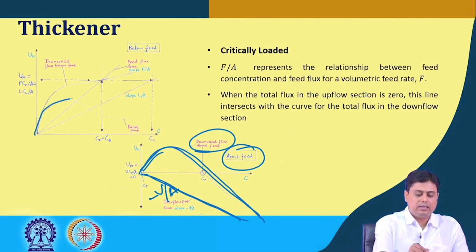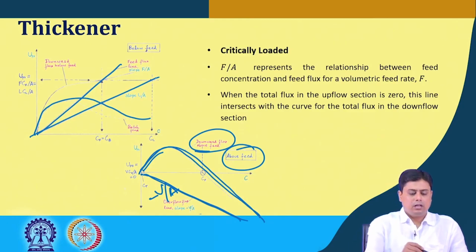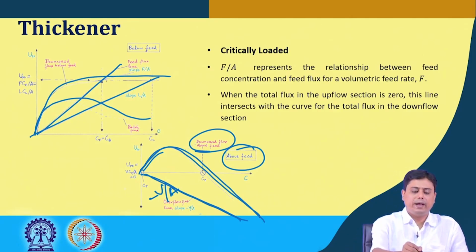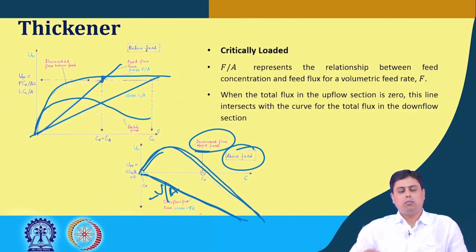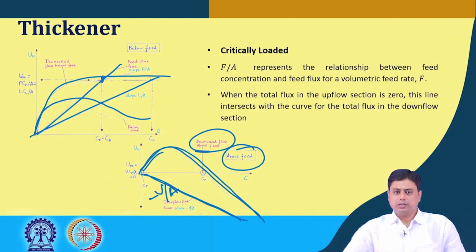So, this is the batch flux data. We have the F by A and L by A lines. This is the resultant total flux that is downward below the feed. The point where this intersects indicates that there is no upflow, which means that is a critical condition at which the thickener can operate.